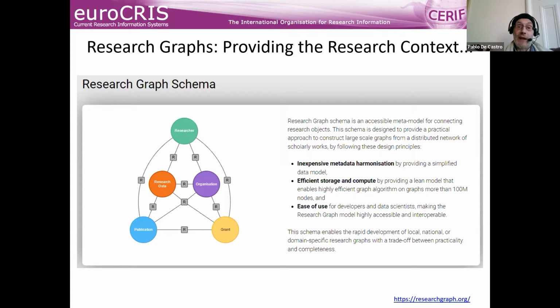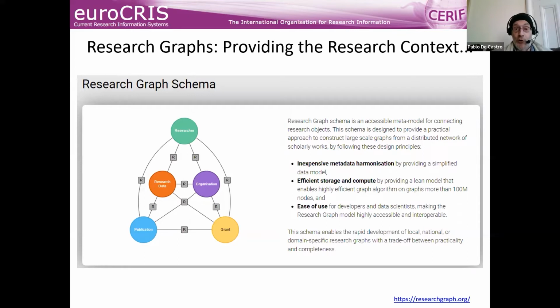This is the way the research graph is currently implemented, with an important aspect being that all these entities are very frequently represented by persistent identifiers, making the information machine readable and easily linkable across entities and systems.